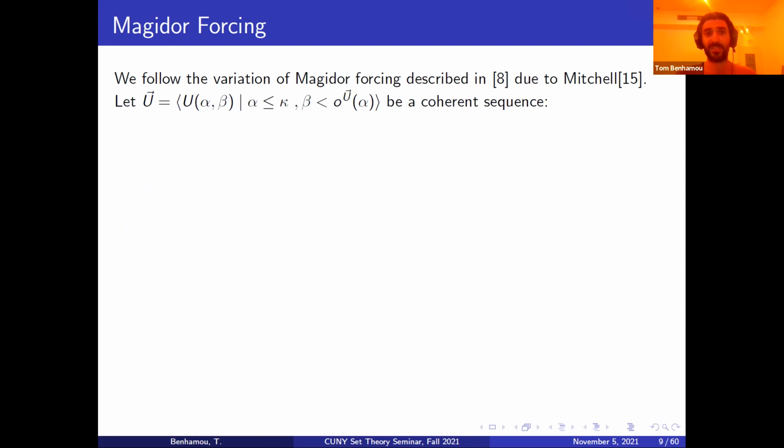We fix a coherent sequence U. I wrote here the definition of a coherent sequence. I would not really want to get into it, because basically it's hidden in the facts I'm going to give about Magidor forcing later. So we won't really need the definition itself for a coherent sequence. I'll just give it for the completeness of the talk, so you have it. So it's here.